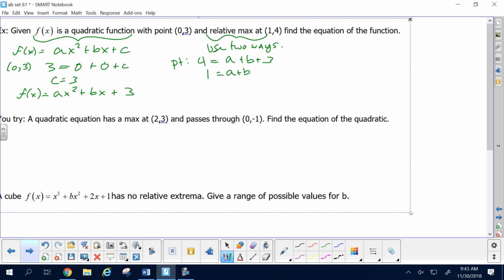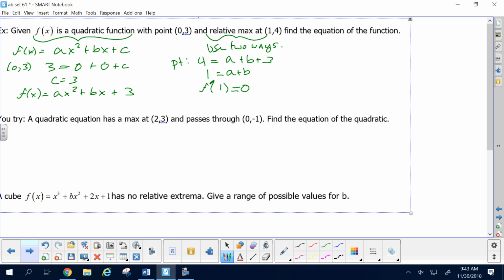What's another way to use it? It's a max, yeah. Okay, f prime at what? At 1 equals what? Does it equal 4? Or does it equal 0? 0 if it's a max, right?